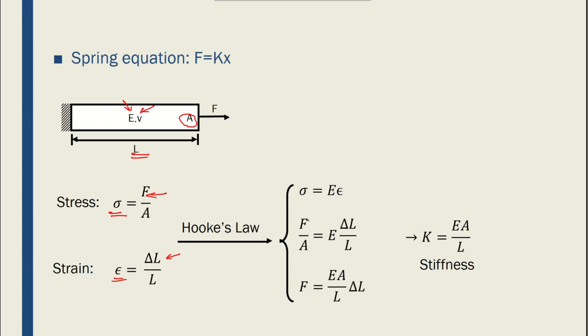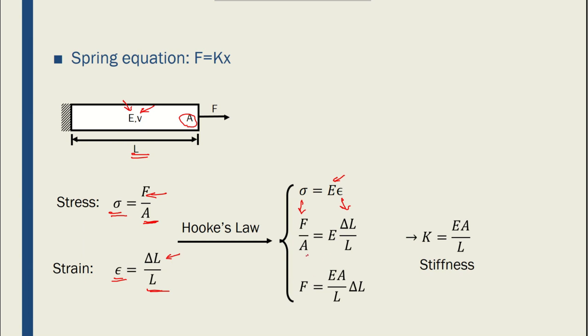Now if we apply Hooke's law, we know that stress is equal to strain multiplied by Young's modulus. So sigma equals E epsilon. Now if we replace sigma with F over A from this equation, and epsilon with delta L over L from this equation, we can rewrite Hooke's law as this.